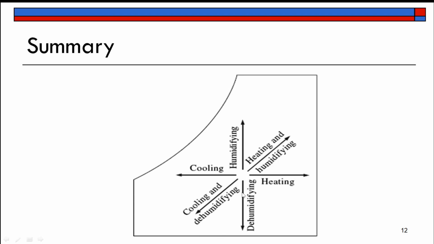These are the general representation of various psychrometric processes in a nutshell within a psychrometric chart. You know that the psychrometric chart has dry bulb temperature on the x-axis, humidity ratio or specific humidity on the y-axis, and the left-hand side is bound by the saturation line.